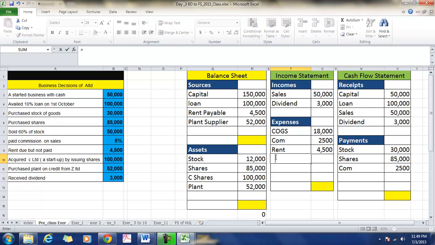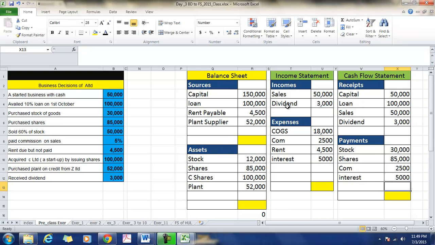Interest is an obligation, so we have to pay the interest, but loan has been taken on 1st October, and we are assuming that accounting period to end on 31st March. So therefore interest will be for half year. So interest is an expense and outflow of cash.